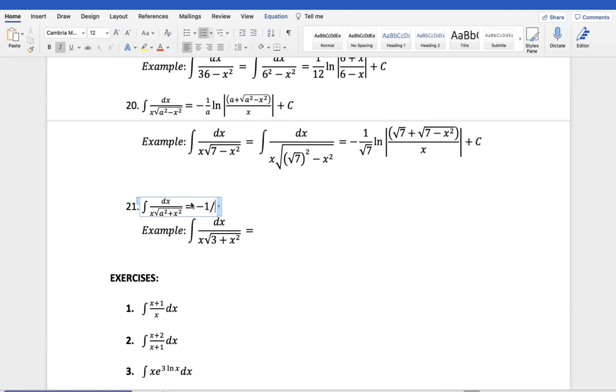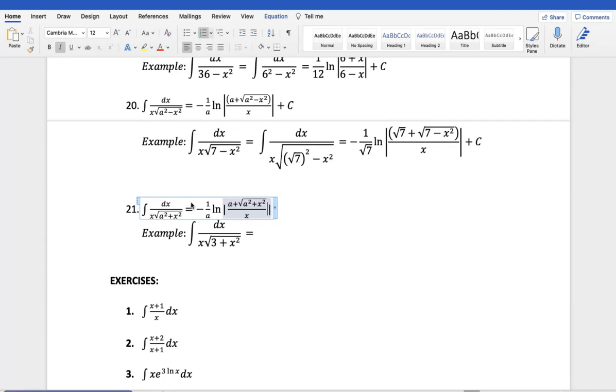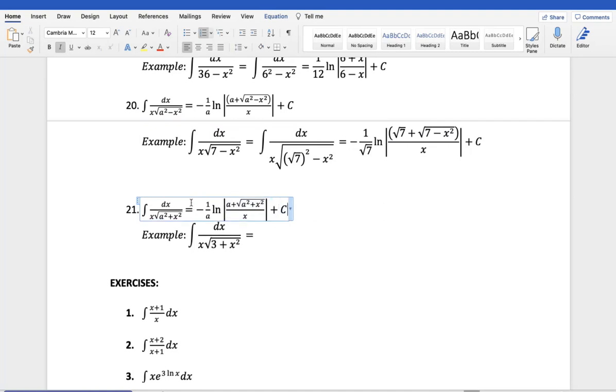And integrals of that type have the general form of negative 1 over a multiplied by ln of the absolute value of a plus the square root of a squared plus x squared, all divided by x, plus our constant of integration c. So that's the general form.